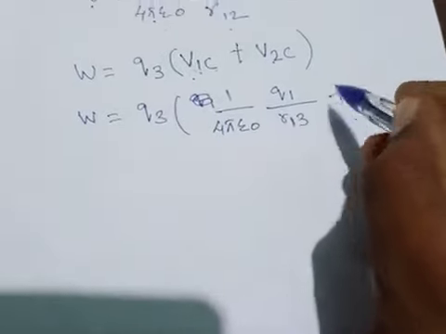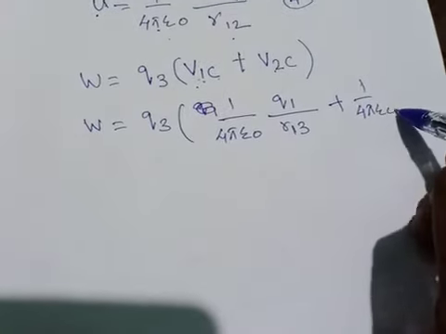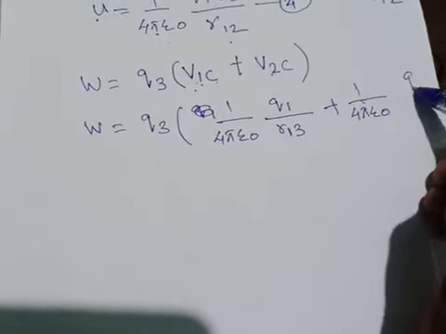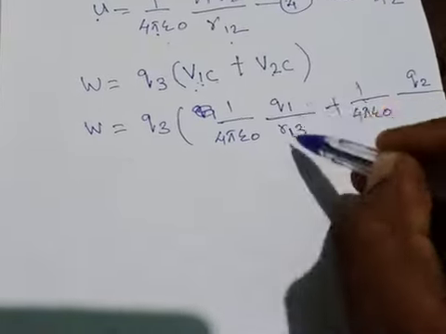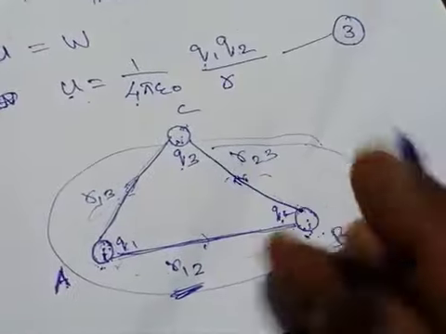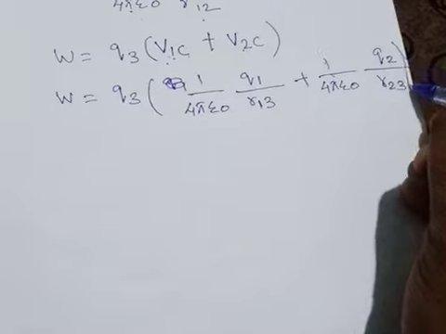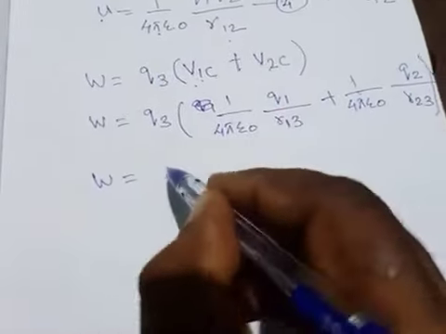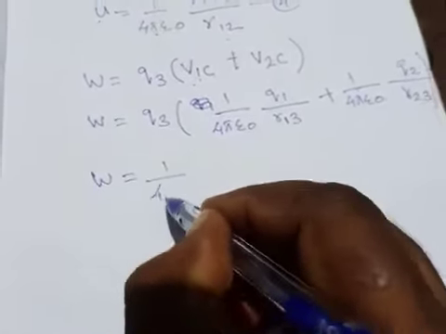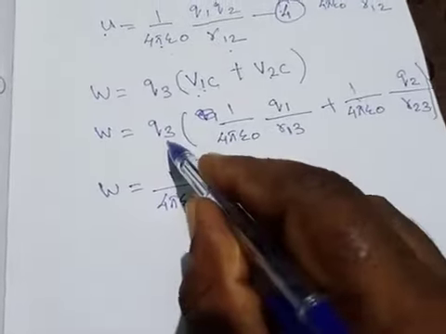Now plus potential at point 2, 1 by 4 pi epsilon 0 Q2 divided by 2C. 2C means at the point 2 over C. So the distance is R23. Now I am writing this equation. W is equal to 1 by 4 pi epsilon 0 I am taking outside and this Q3 I am multiplying inside.